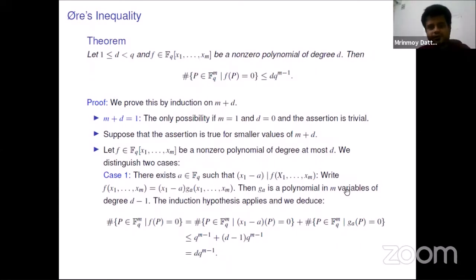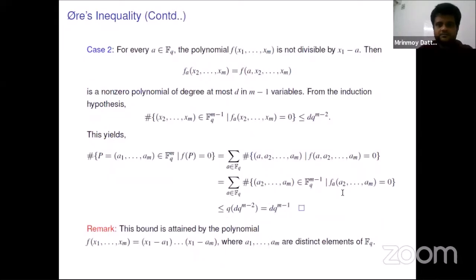Next, suppose this is not the case. So maybe I'll leave this. I'll of course share the slides with the hosts, but it is not very difficult either. But the point is, one could prove this, and one could also show that not only is this an upper bound, d times q to the power m minus 1, we could also produce a polynomial which has exactly d times q to the power m minus 1 many zeros in Fq to the power m.